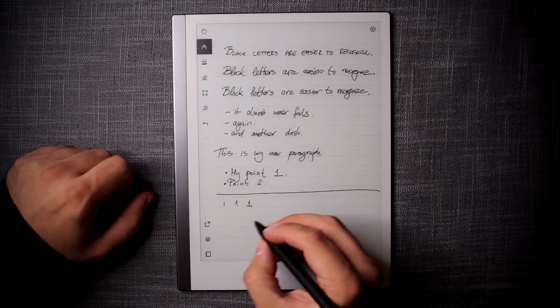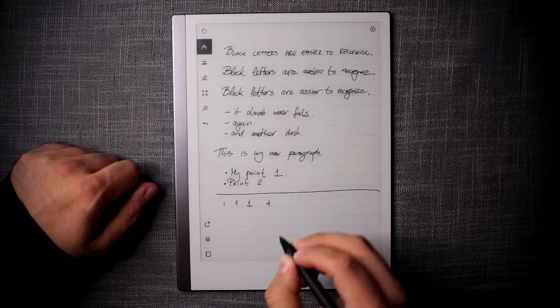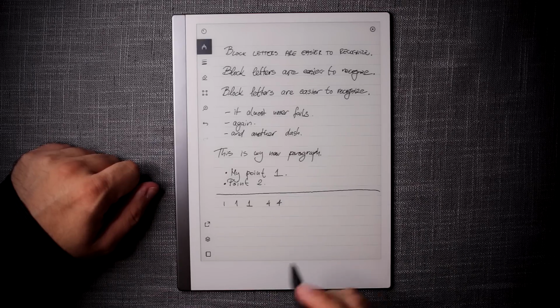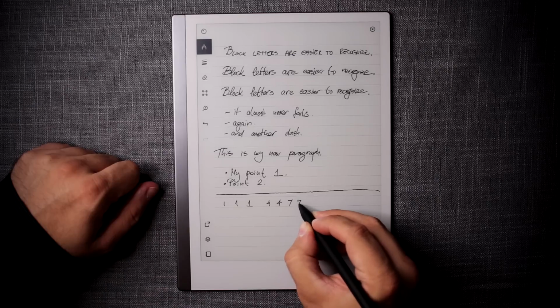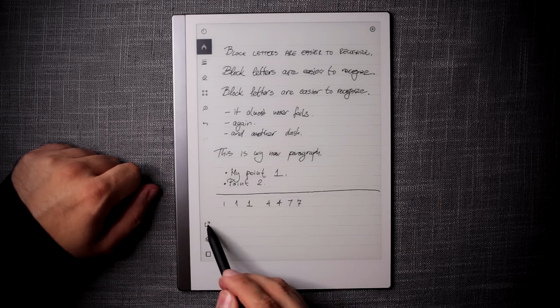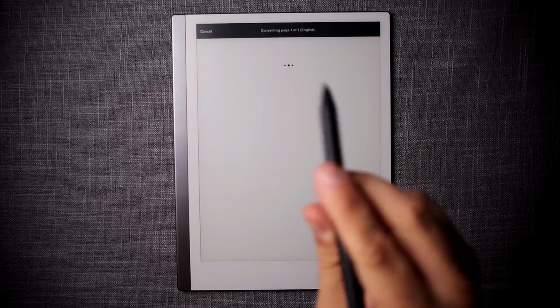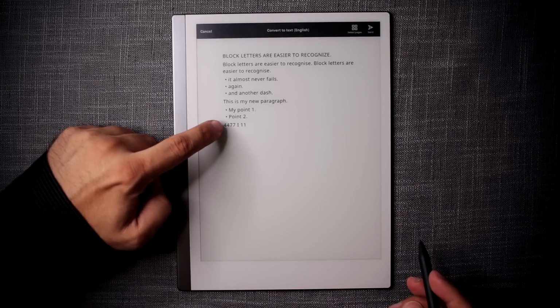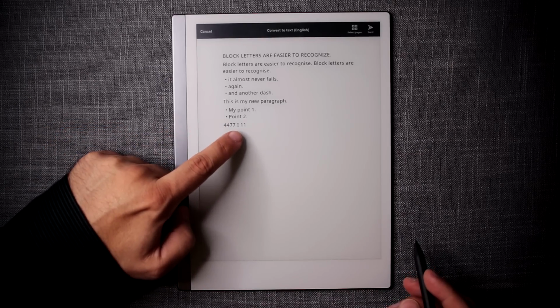And you will see also that the 4 can be written like this, usually quite successful, but if written like this, far more successful. 7 can be written like this, or like this as well. And all of these are probably going to be successful except for the American style vertical letter one, because that one is probably going to be recognized as just an I.